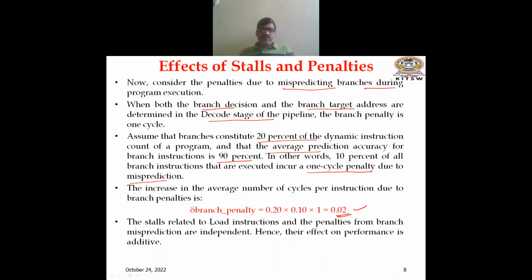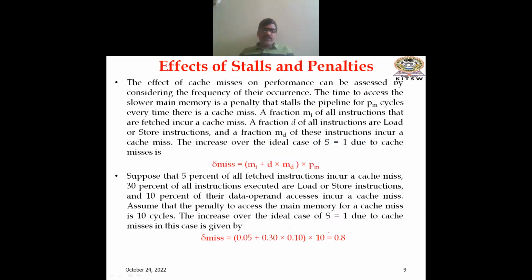So the stalls related to load instructions and the penalties from branch mispredictions are independent. Delta stall is related to the load instruction penalty and delta branch penalty is related to the branch mispredictions. Hence, their effect on performance is additive. That means we have to add these two quantities.